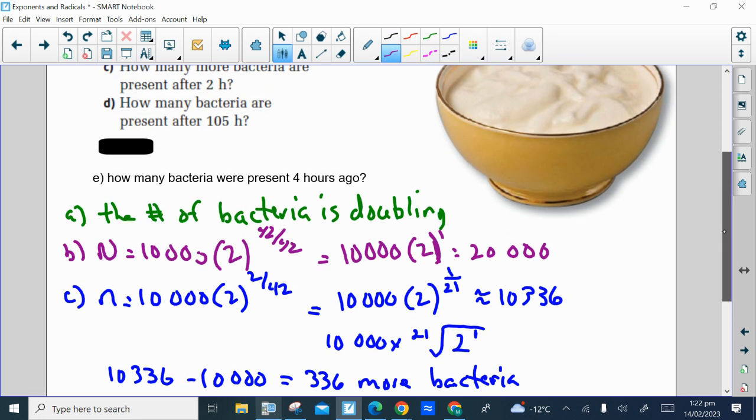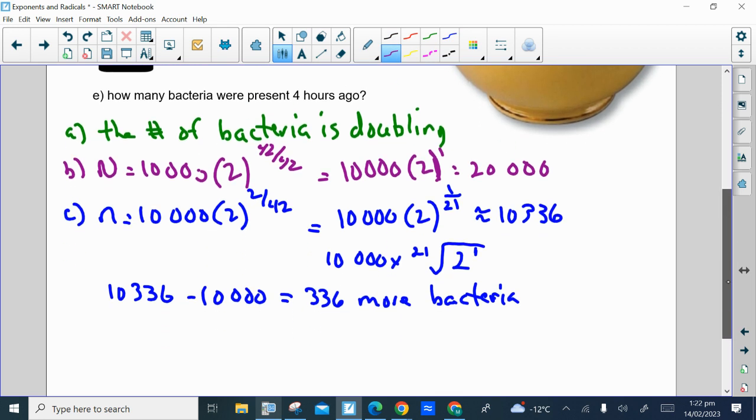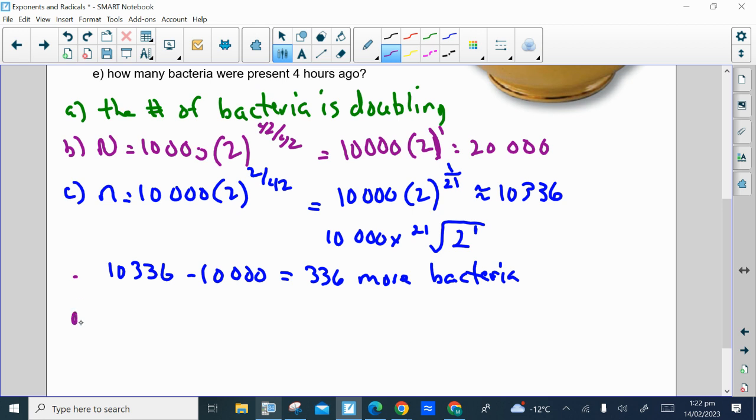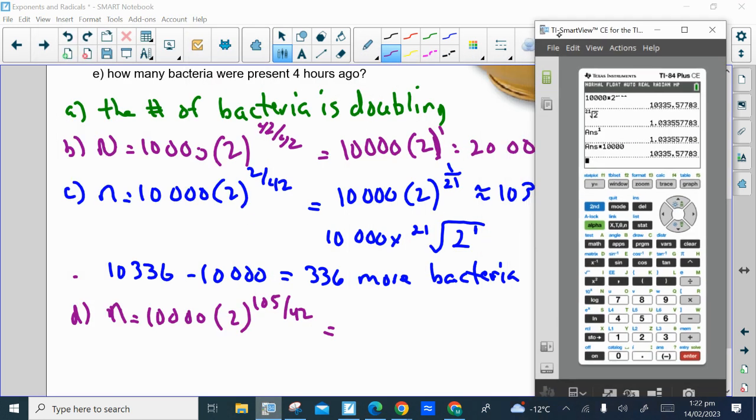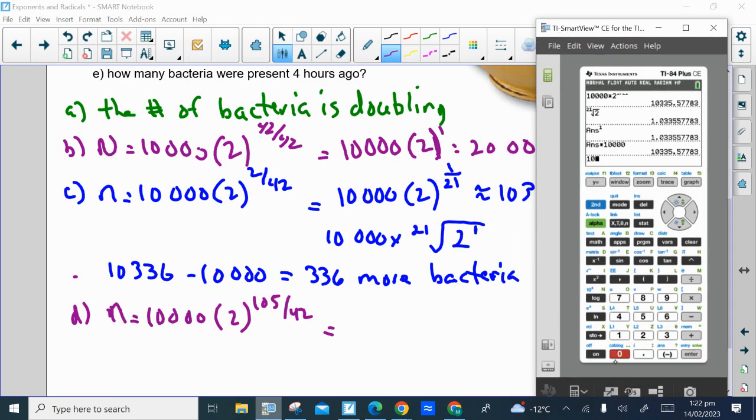Now, part D, how many were present after 105 hours? So N will be 10,000 times 2 to the 105 over 42. And I'm just going to do this in the calculator. You can put it in your calculator all as one statement, and your calculator does order of operations.